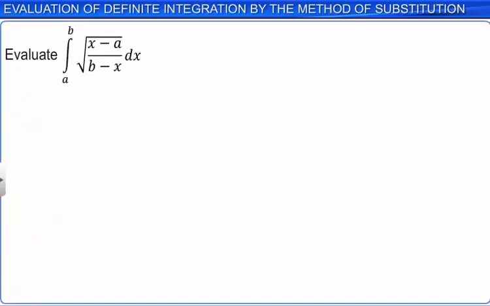Here, we'll evaluate the integral of square root of (x minus a) divided by (b minus x) dx from a to b.